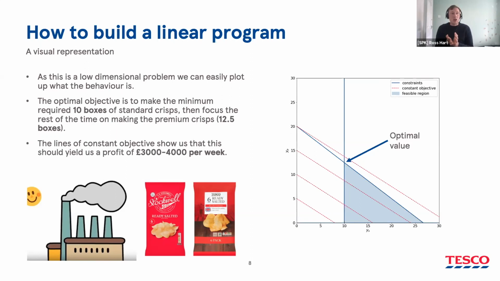It's not concerned with this blue shaded region. No matter how complicated your problem gets, it will search through the vertices of your feasible region and find the optimal vertex, and that is proven to be the optimal value of the whole problem. So that is why the simplex algorithm is so fast and why it is so widely used.